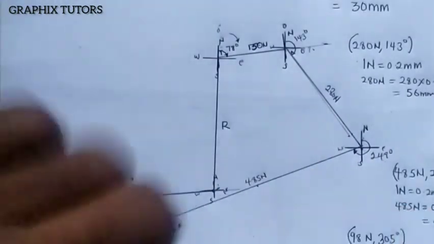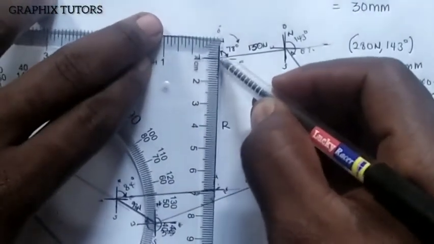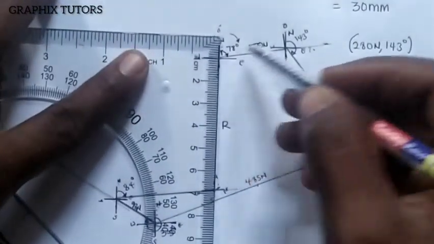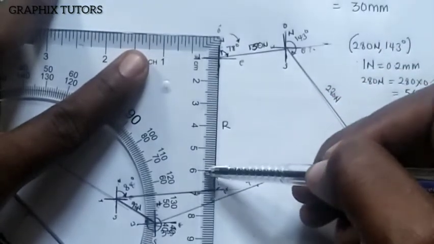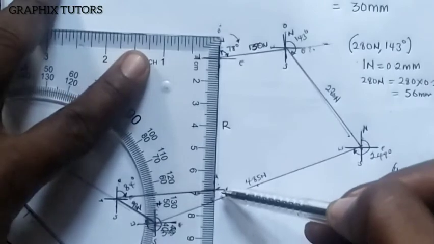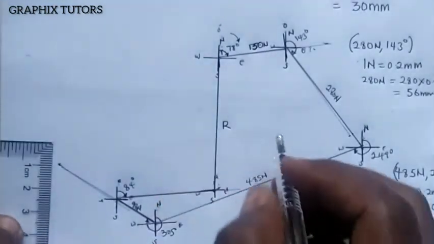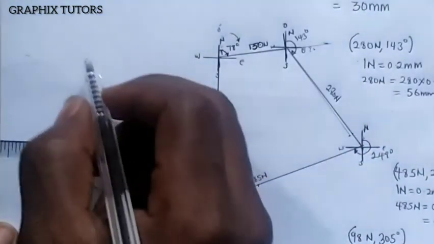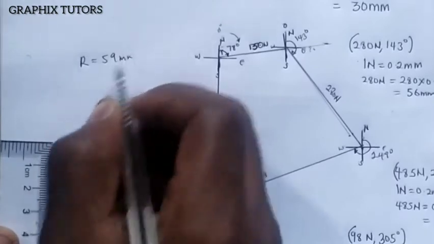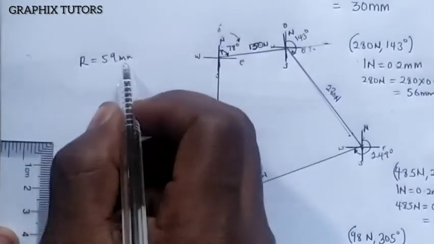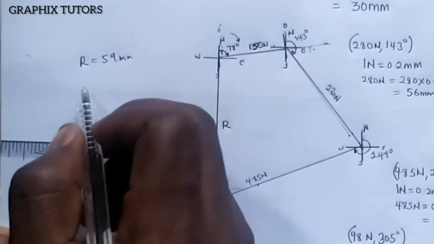So if you are measuring that arrow from this point, let's say my 1 is my 0 here. So I will say 0, 10, 20, 30, 40, 50, and 59. So that is 59. So the resultant force is equal to what? 59 millimeter. So if you divide it by 0.2 to convert it to Newton, are you with me?